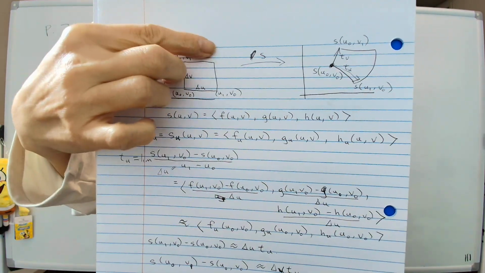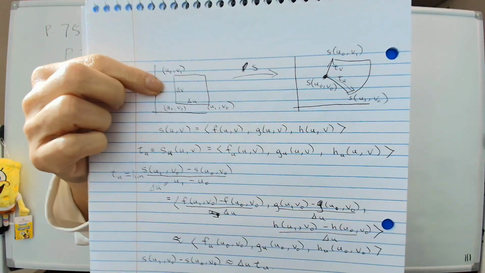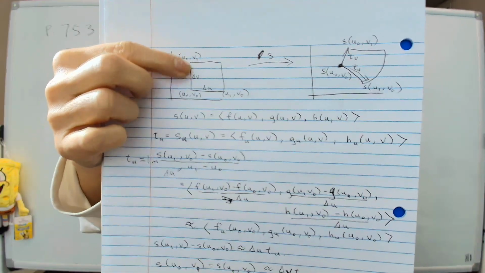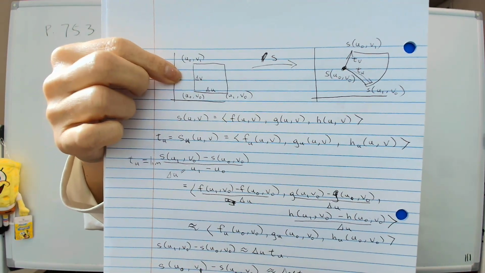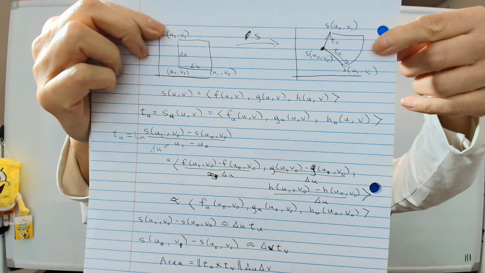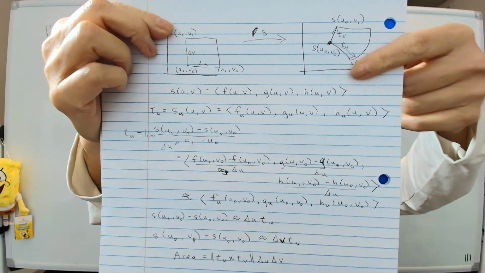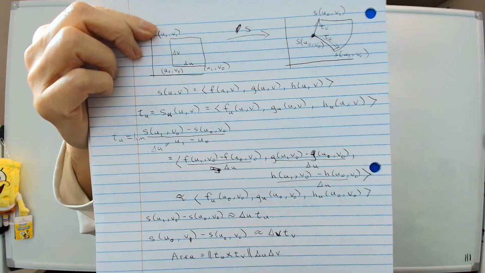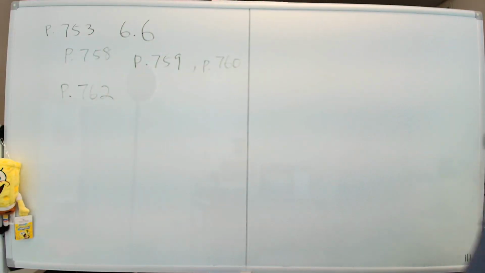So S(u,v) is a transformation that goes from UV. Take a little region from the UV plane, and then you send it over here into space, where you get some kind of a surface, as my example earlier showed you.